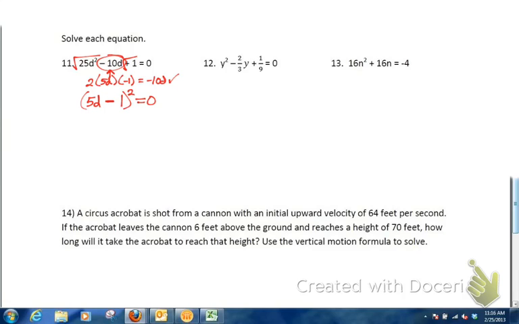Now, the old way we'd solve this is we'd say, okay, I have 5d minus 1 times 5d minus 1 equals 0, and you'd say 5d minus 1 equals 0, 5d minus 1 equals 0, and then you'd solve.